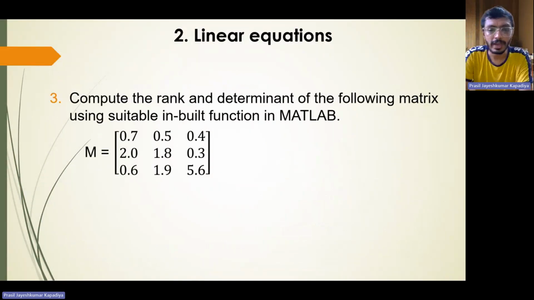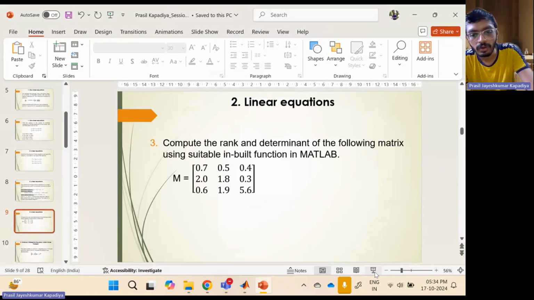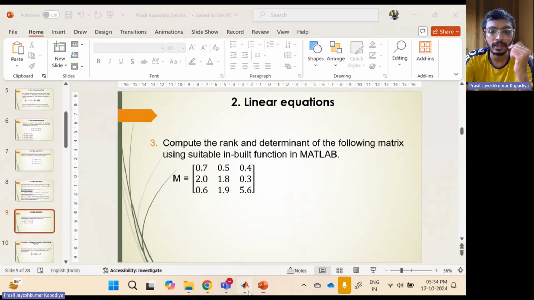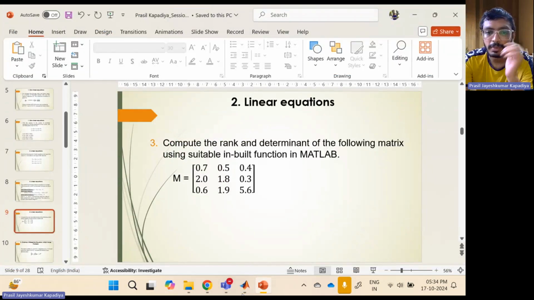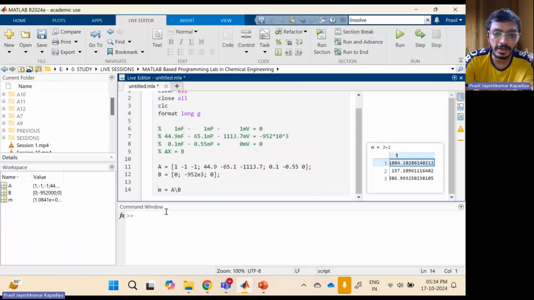Okay, so the next question is: compute the rank and determinant of the following matrix using suitable inbuilt functions in MATLAB. To calculate rank, the command is rank only, and for determinant it is det. So let's do it.